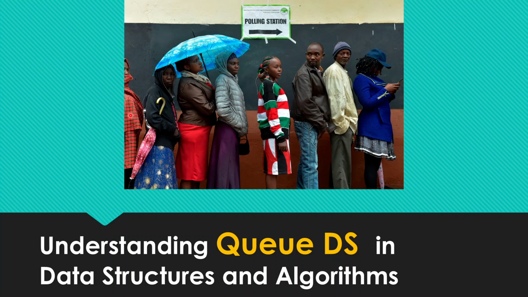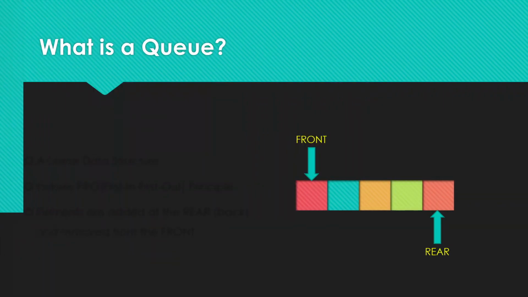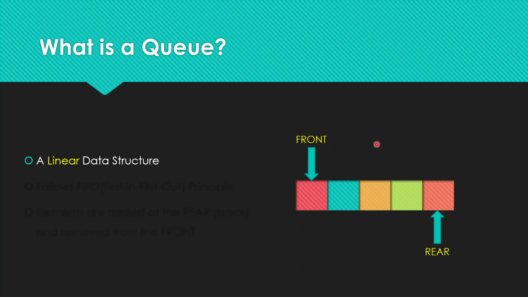Then we also have the end of the queue, the lady with the Masai Shuka. The end of the queue is called the rear, while the front of the queue is called the front. So let's dive in and look into the queue data structure, which is not very different from the queues that we make in real life.